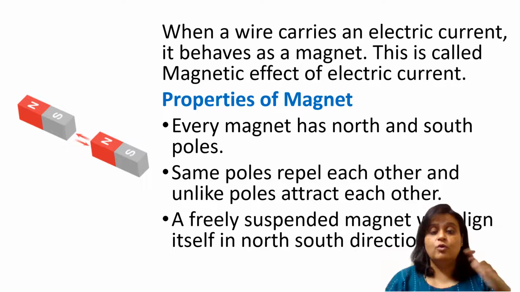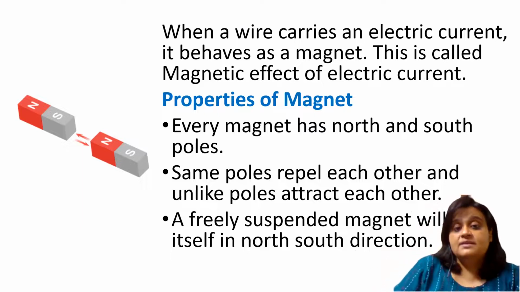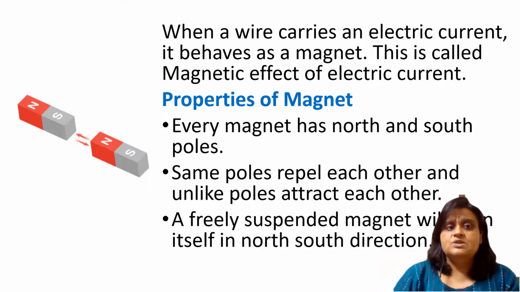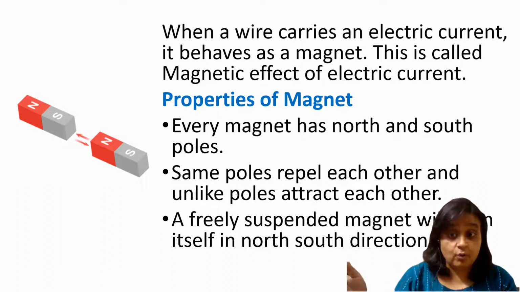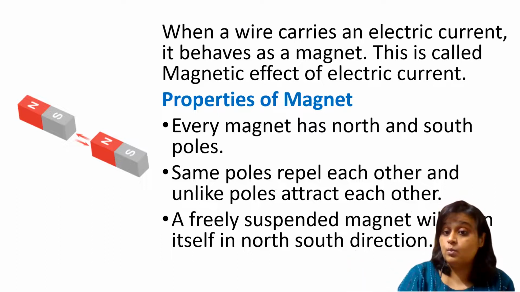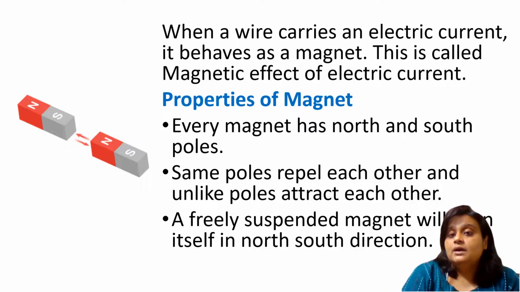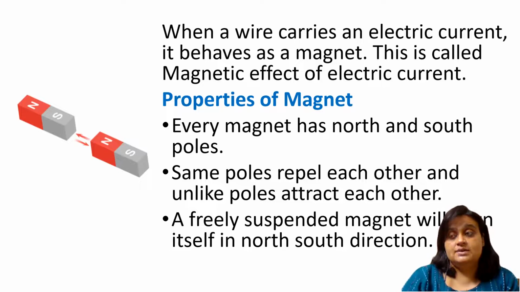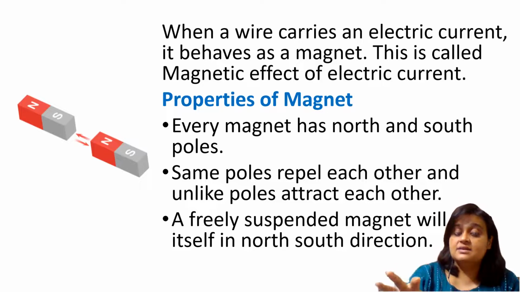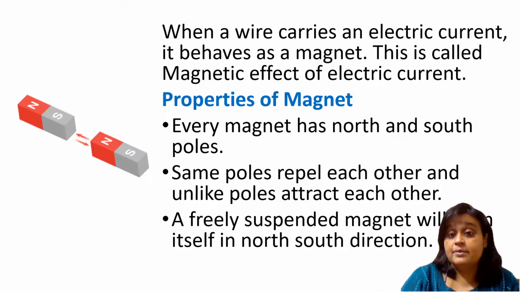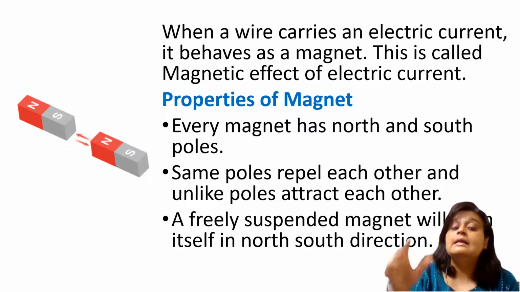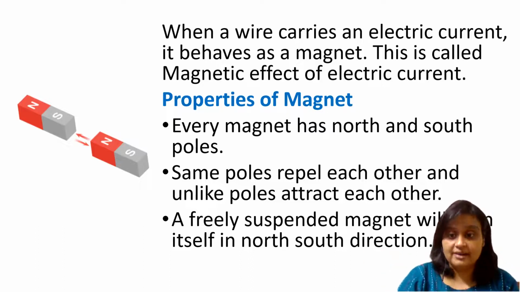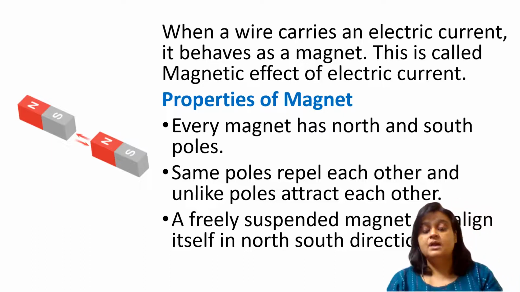What you observe is that the magnetic compass deflects as soon as the current is flowing. And as you stop the current, it no longer behaves as a magnet. So what do you understand by this? It concludes that if a circuit is carrying current, it can produce a magnetic effect around the circuit as well. This phenomenon is called the magnetic effect of electric current, right?